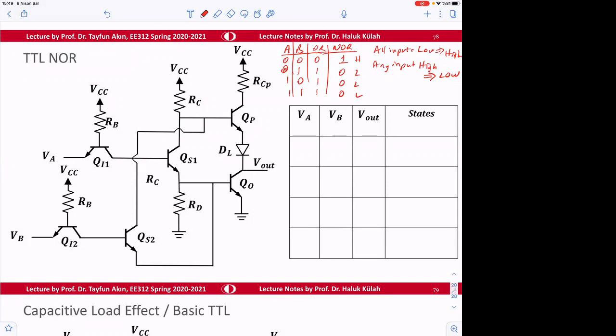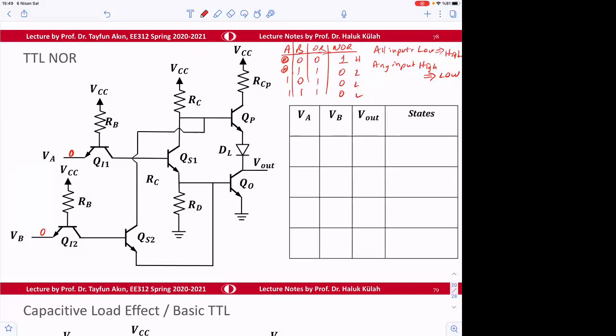Let's check the first case. If this one is 0 and this one is 0, 0 means 0 volt. Here it's logic 0, here it is 0 volt, or 0.2 volt.